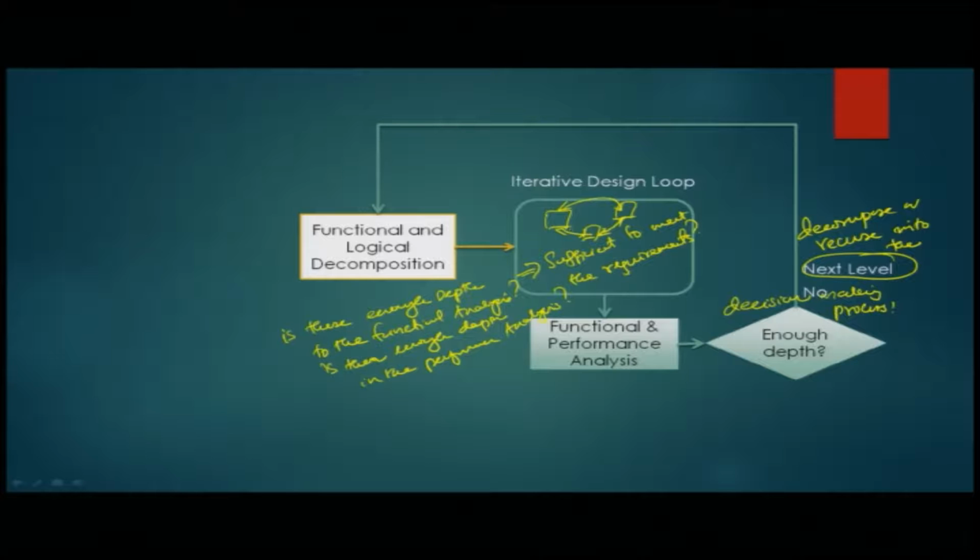Is there enough depth to the functional analysis? Is there enough depth to the performance analysis? If the answer is no, you keep on drilling down. So, the drilling down happens, the recursion also happens at the further level in this big loop outside that is shown to you. If the answer is yes, on the other hand, there is enough depth, the functional and performance analysis is deep enough, then you ask a series of questions.